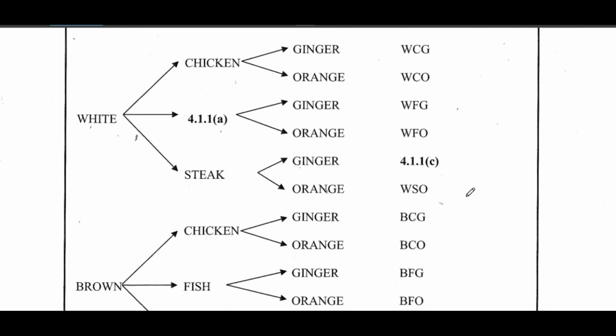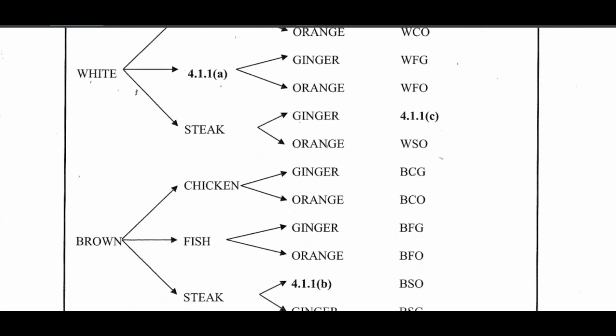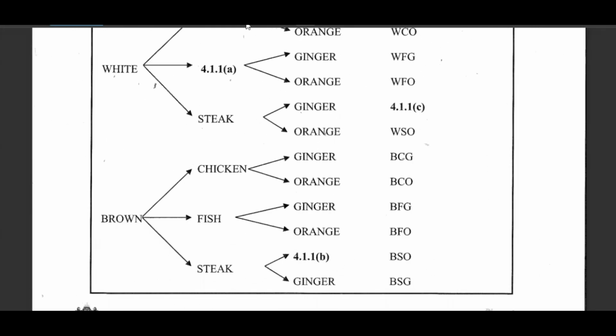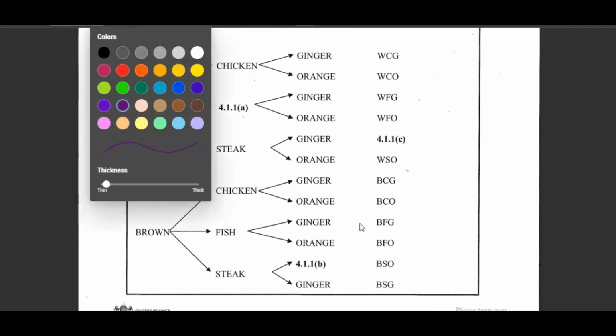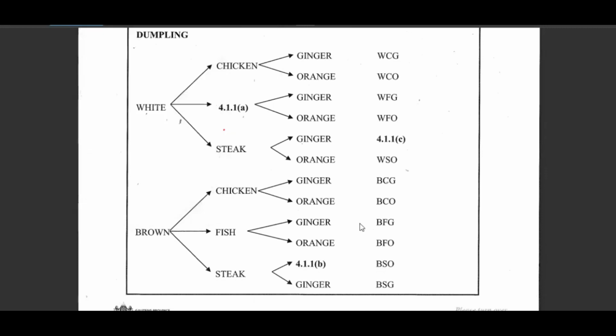If you are to answer such questions and you find that you have a missing value like this, please look at the next one, because something is missing here. This one already has this, so simply meaning this is fish. Then another one is here. This one is missing. But where is it coming from?